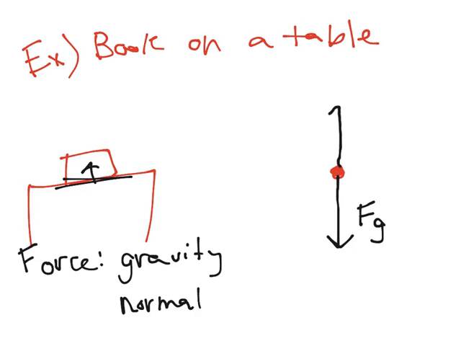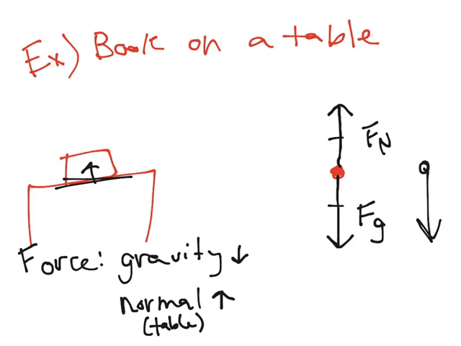Then an arrow going up for our normal force, which is F_N. Notice these are roughly equal lines, because if we had unequal, if we just had, say, the force of gravity, that means it's accelerating downward. If we have none of that, that means all of our forces must be equal.